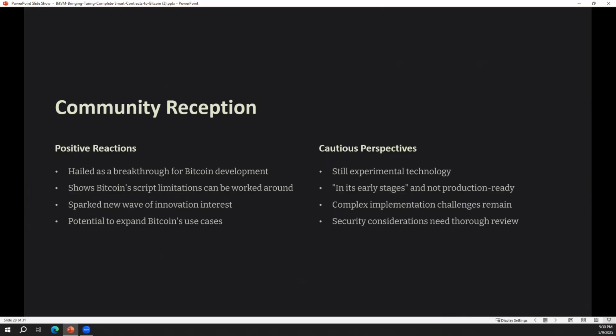The cautious perspective is that it is still an experimental technology. It's in its early stages and not production ready. The complex implementation challenges still remain, and the security considerations need thorough review.